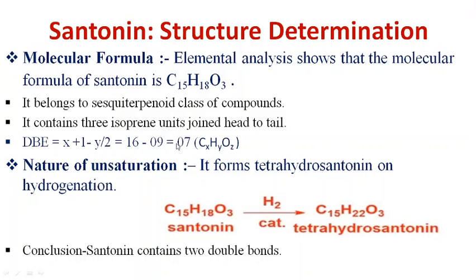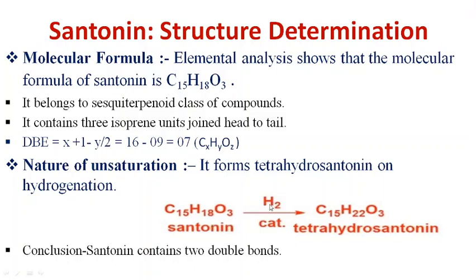This means that either 7 double bonds are present or rings are present in the molecule. Next we come to the nature of unsaturation, which gives information about these 7 double bond equivalents. It is done as follows.